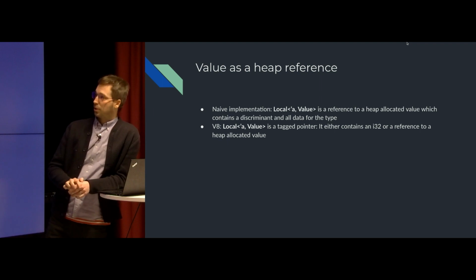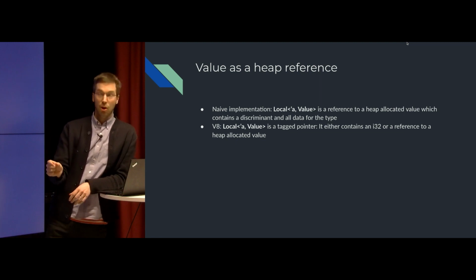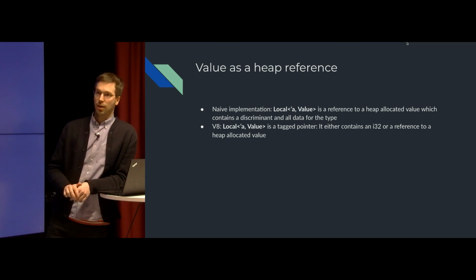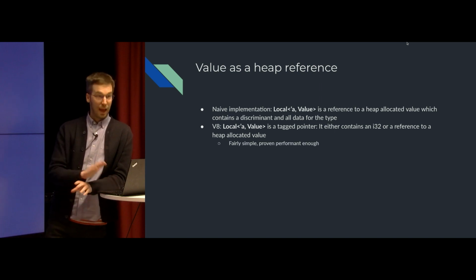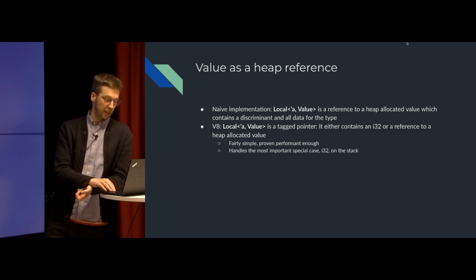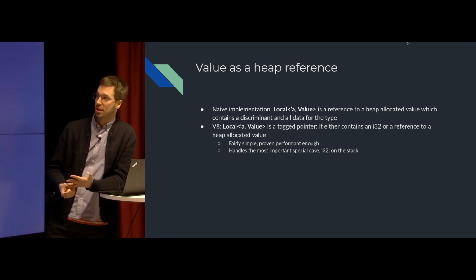They use a tagged pointer. So their pointer contains a tag which tells whether the pointer is actually a pointer, or actually a signed integer on the stack. This is fairly simple and works well enough. It's well proven to be performant enough. It handles the most important special case, the I32, on the stack.